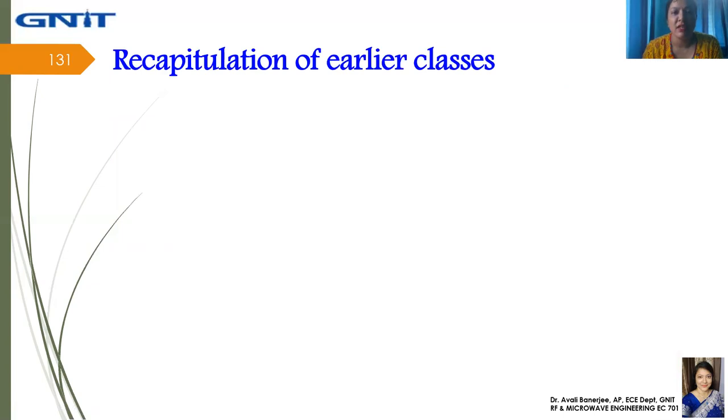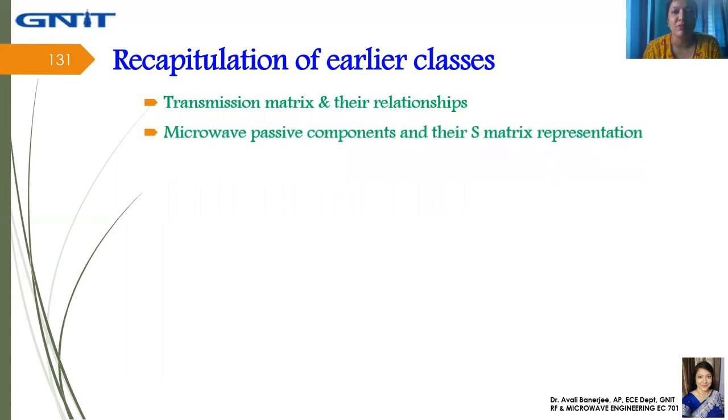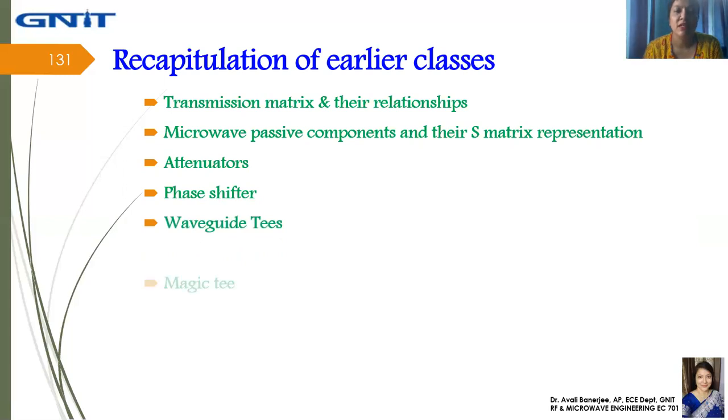So in the previous lectures of this module, particularly talking about the later section of module 2, we have covered the transmission matrix and their relationship. Then we have seen microwave passive components and their S matrix representation. Particularly, we have seen the attenuators, phase shifters, then waveguide Ts, then magic T, and in the last lecture we have gone through the circulator.